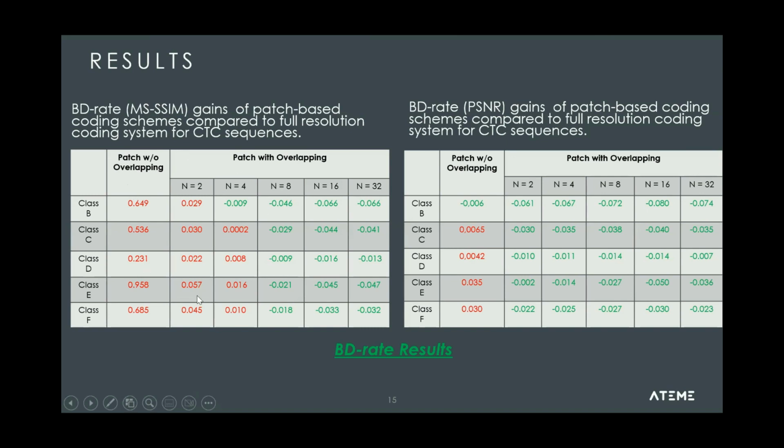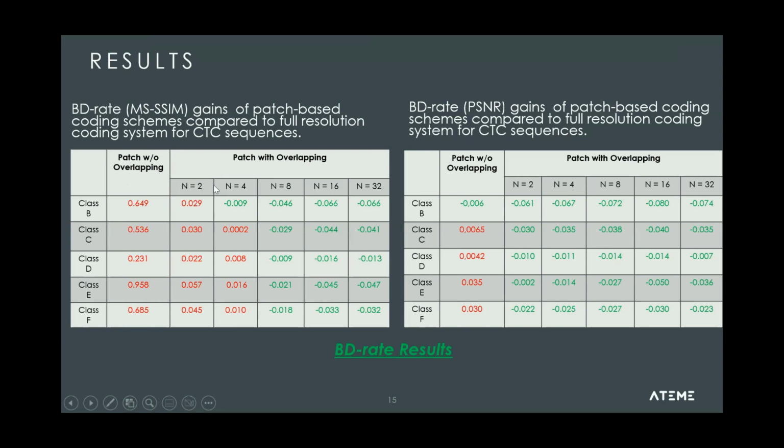We did that for MSCIM models, which is the table on the left, and for MSC models, which is the table on the right. So for the table on the left, we can see that we have BD rate losses, which is quite big for patch coding without overlapping. This is due to border artifacts.